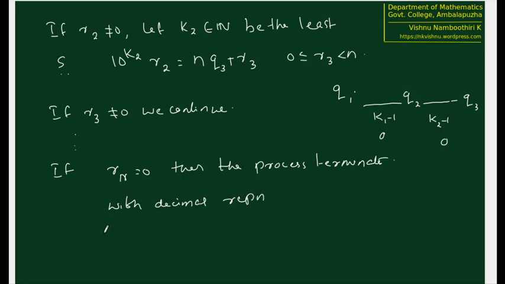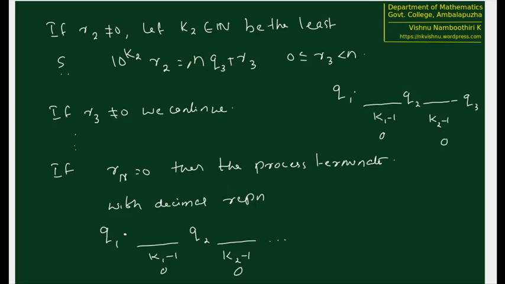What is the decimal representation? q1 point, we have k1 minus 1 zeros, after that q2, then k2 minus 1 zeros, etc. It is terminating at rn, therefore till r(n minus 1) we have to go.